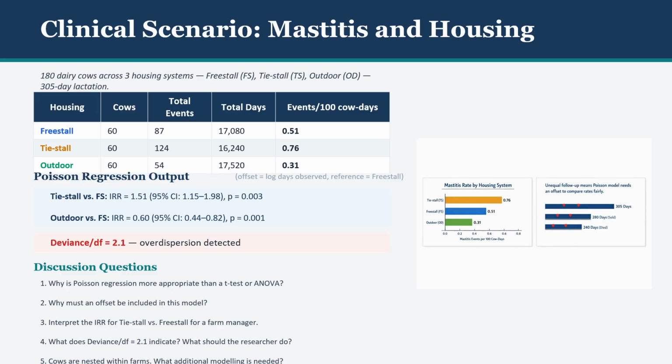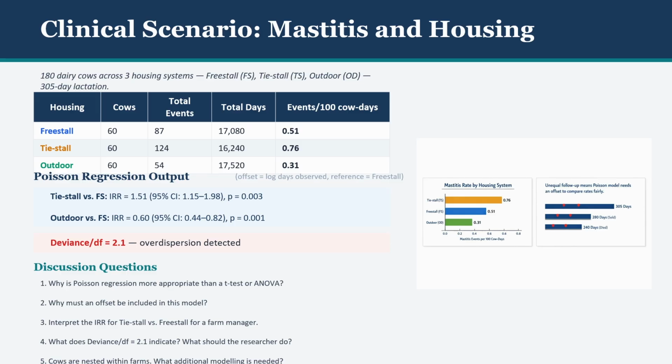Question 3. Plain language IRR interpretation. Cows housed in tie stalls experienced clinical mastitis at 1.51 times the rate of cows in freestall housing, approximately 51% more mastitis events per day, after accounting for differences in how long cows were observed.